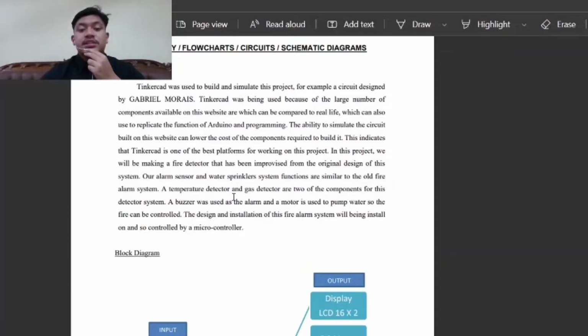A temperature detector and gas detector are two of the components for this detector system. A buzzer was used as the alarm and a motor is used to pump water so the fire can be controlled. The design and installation of this fire alarm system will be controlled by a microcontroller.